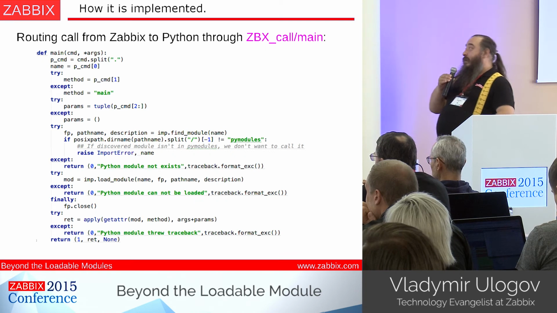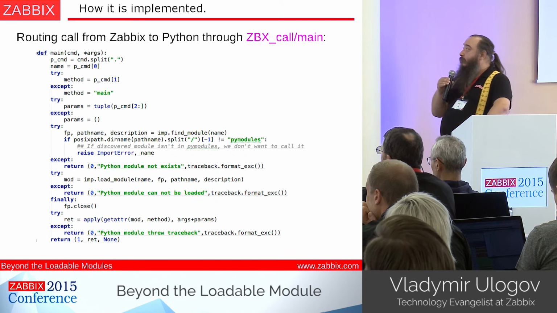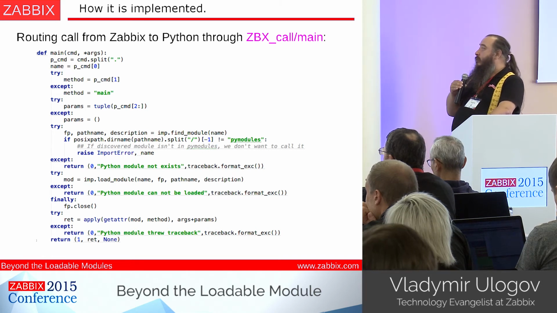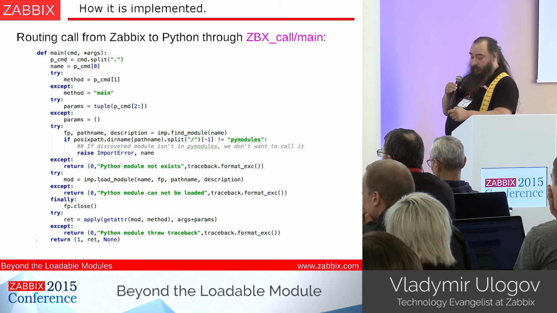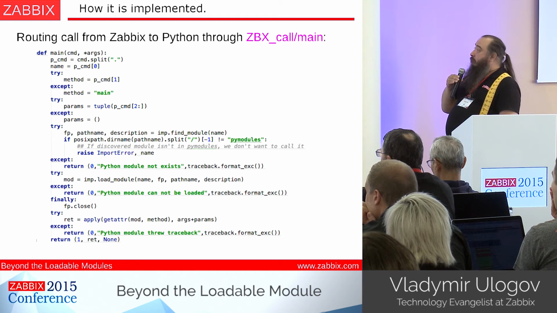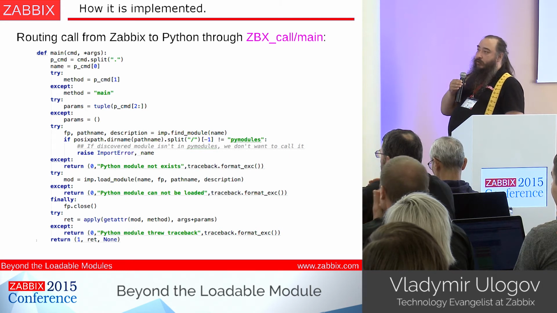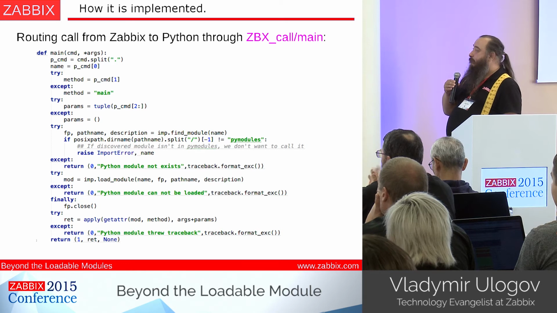So this is the Python side of how to route the call from Zabbix to Python. Here we're detecting if we're passing a function. So if you define within the module functions A, B, and C, you can call them by the name of the module dot name of the function.